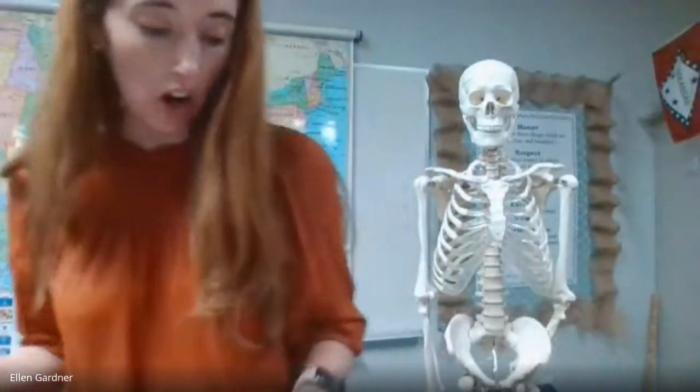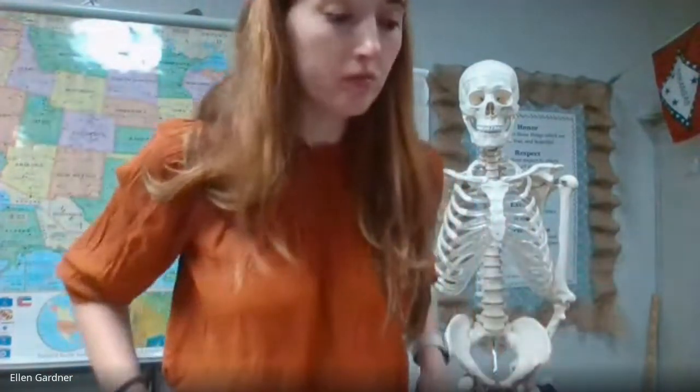So the femur, tibia, and fibula, which are found in your legs, are part of the appendicular skeleton. We're going to get into some of those details, and I'm going to have a picture for you all to look at and label the bones tomorrow.